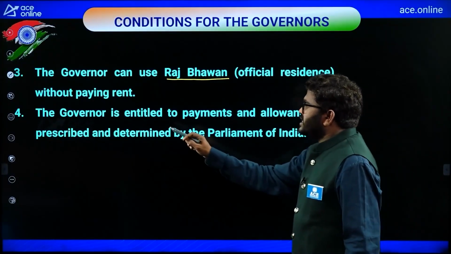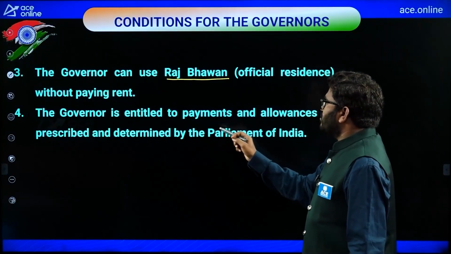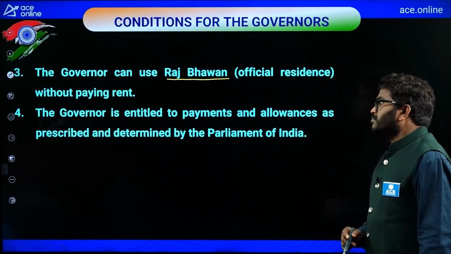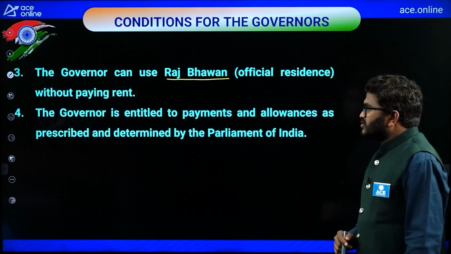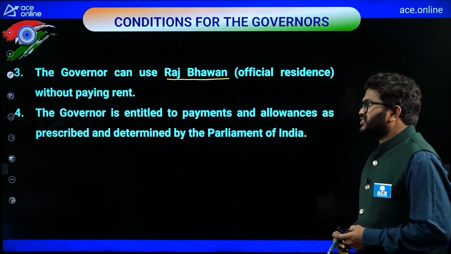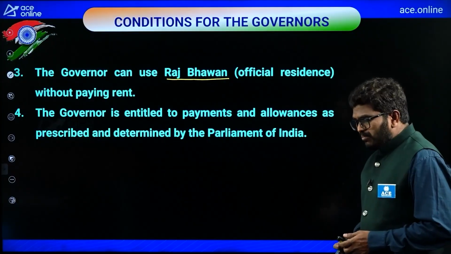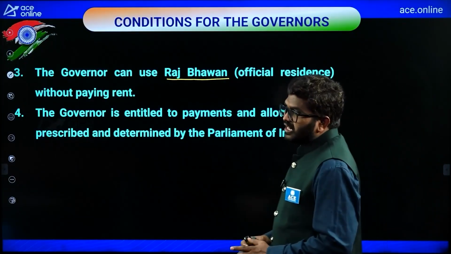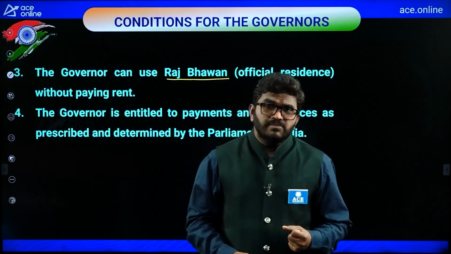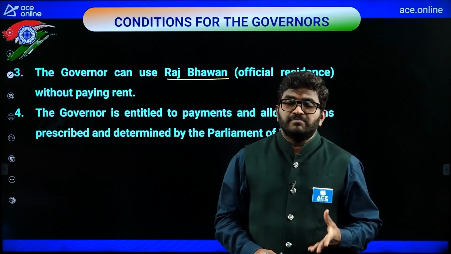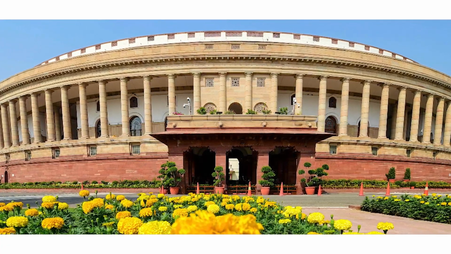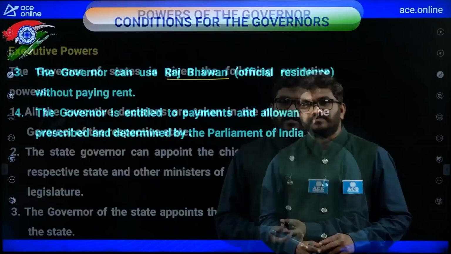The governor is entitled to payments and allowances as prescribed and determined by the Parliament of India. So he is eligible to take the salary and allowances, but who will decide them? The Parliament of India will decide these things.